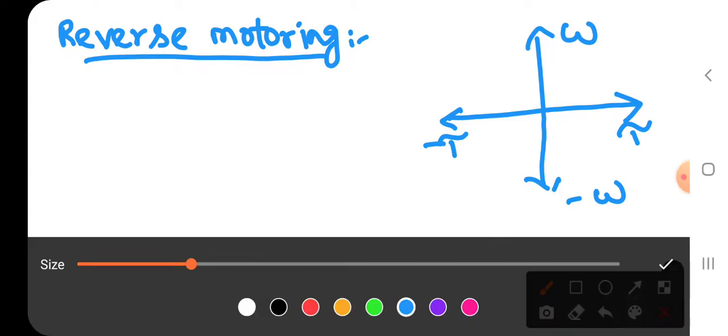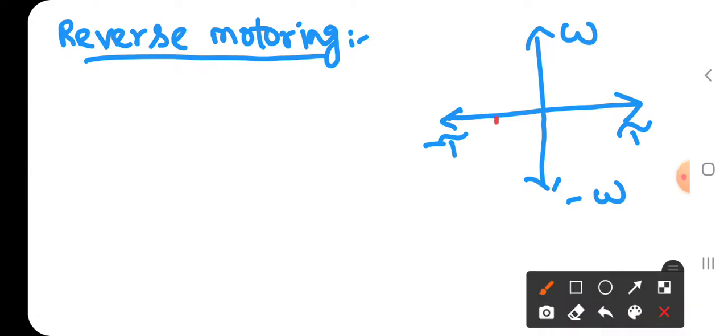Both speed and torque are negative. The torque produced is negative, which is in the counterclockwise direction, and the motor is rotating in the anti-clockwise direction.